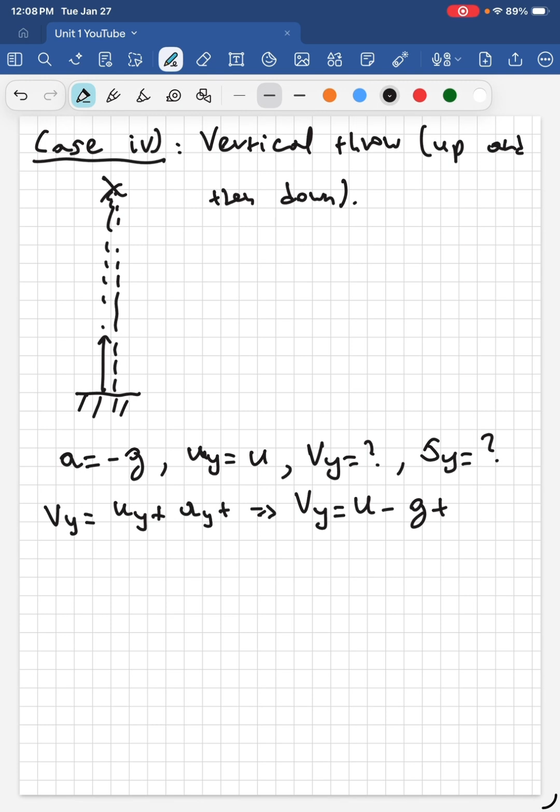But we can find the time needed for the object to go all the way up. How can we do that?